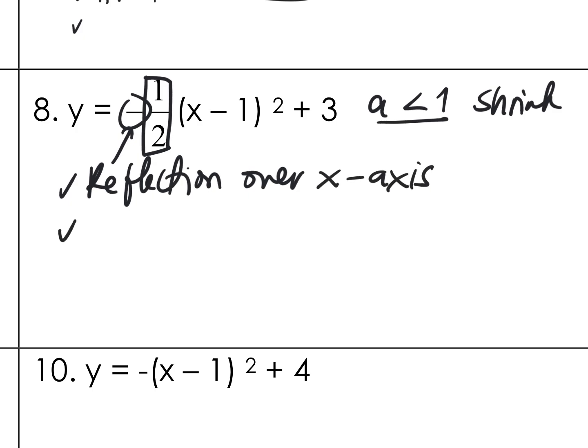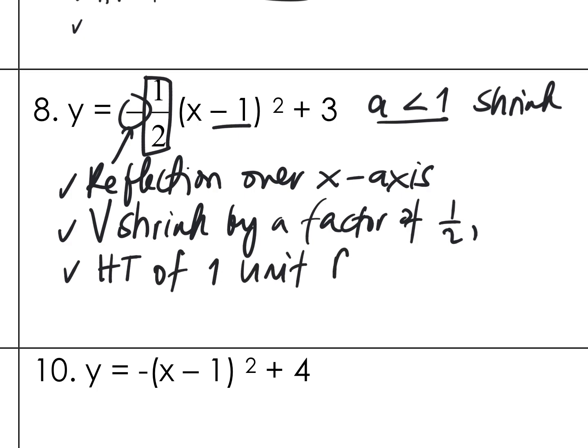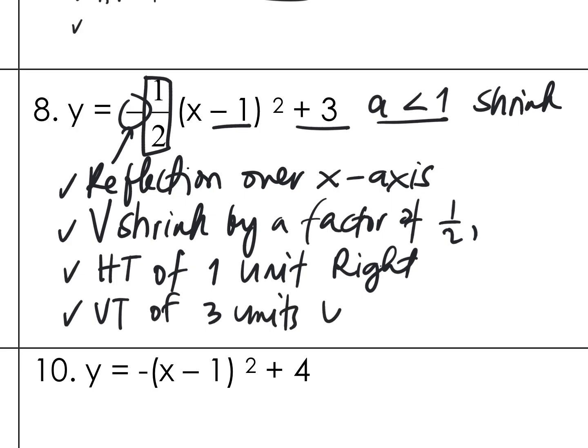And then there's going to be a vertical shrink by a factor of 1/2. And there's also a horizontal translation of 1 unit right side. And last is the vertical translation of 3 units up.